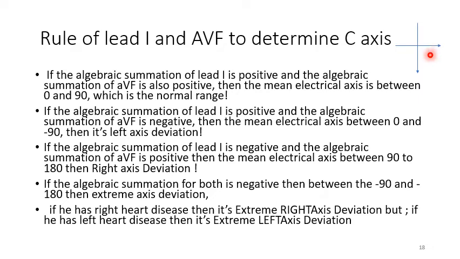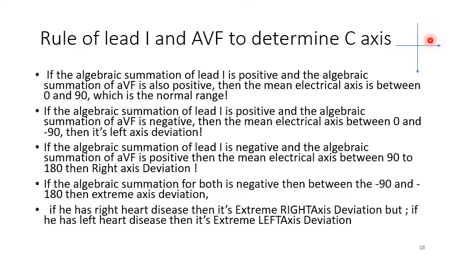But if the algebraic summation of lead 1 was positive, on this side, but the algebraic summation of AVF was negative, so in this corner, that means the electrical axis is between 0 and minus 90, and that is a left axis deviation.